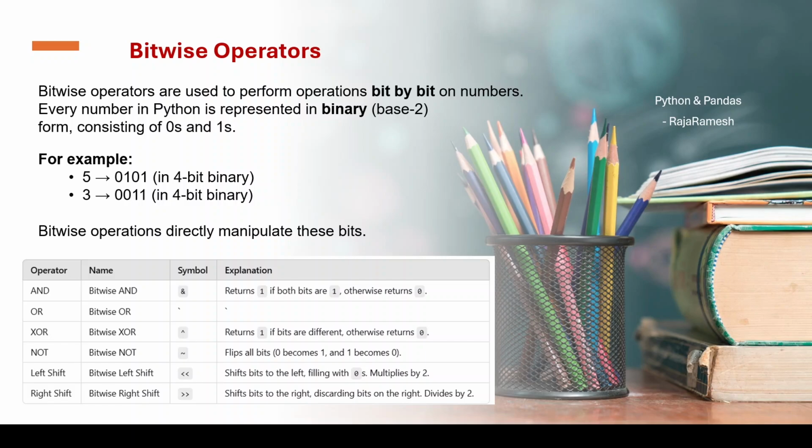If you write a left shift 2, then a will be multiplied by 2 two times. So 5 will be multiplied by 2, which will be 10, and then multiplied by 2 again, which will be 20. And similarly, right shift divides by 2 for each shift. Got it? So these are the bitwise operators we have in Python.